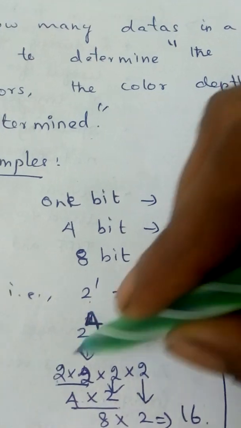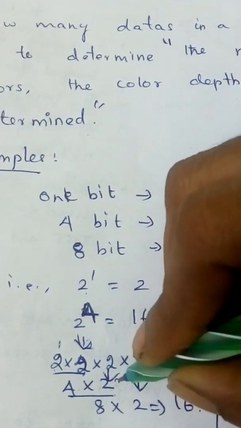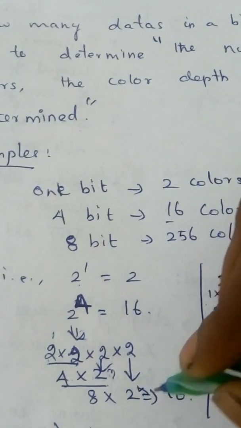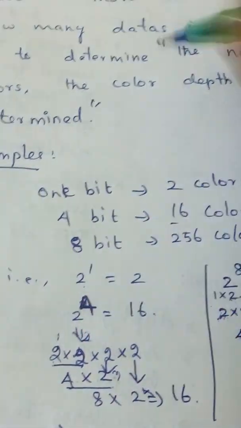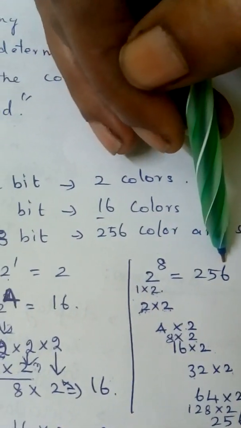So 2 power 4 gives 16 colors. Next, 2 power 8 gives 256 colors.